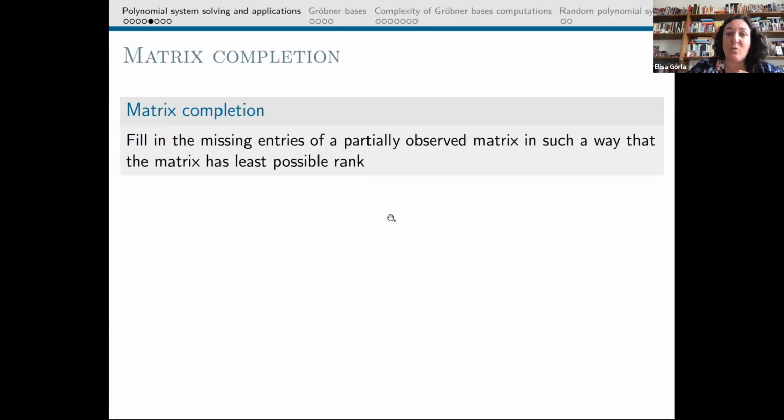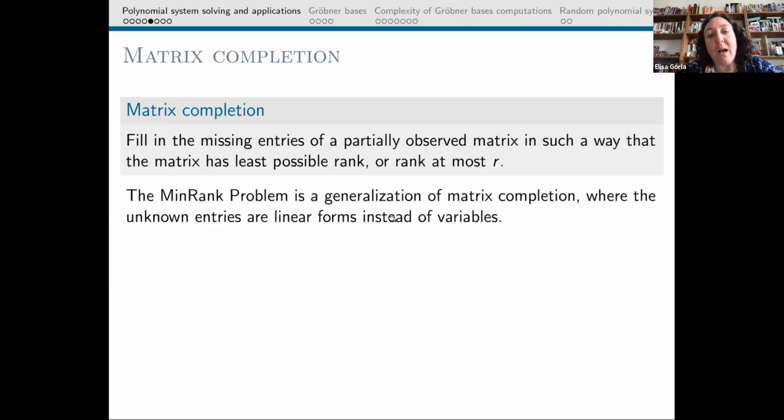It's a rank minimization problem. And sometimes you are happy enough to have a small enough rank. In applications, often you don't necessarily need the minimum, but it's enough to have something which is small enough. And so, as I said, this is a special case of matrix completion, because you could put different variables in each entry that you don't know, and that would give you a matrix whose entries are linear forms.